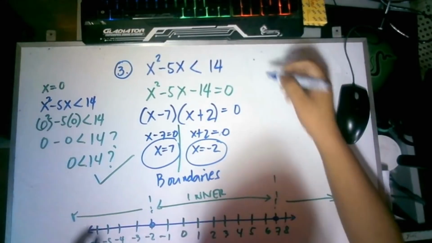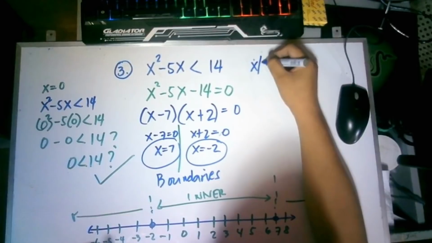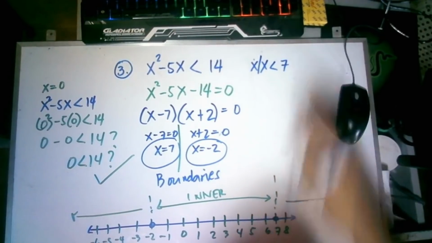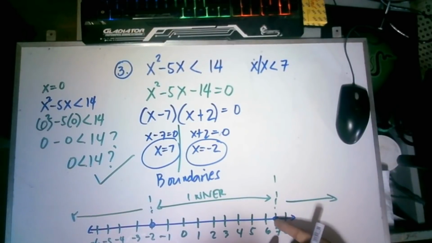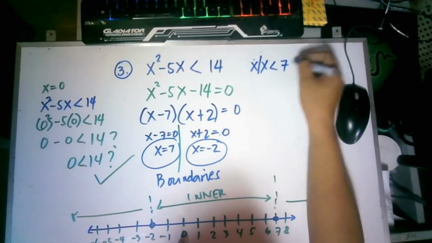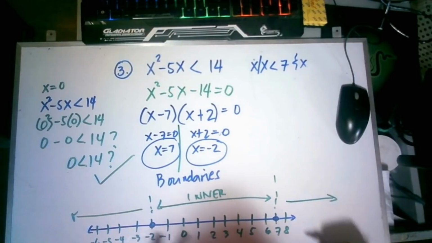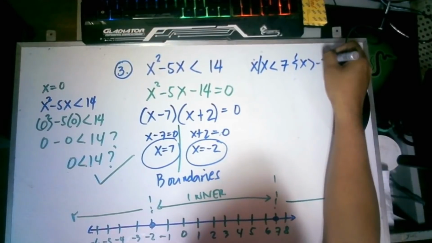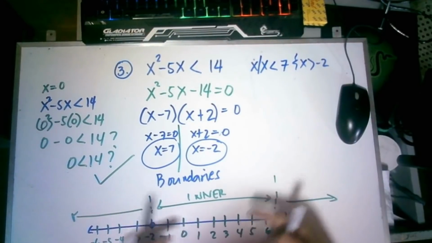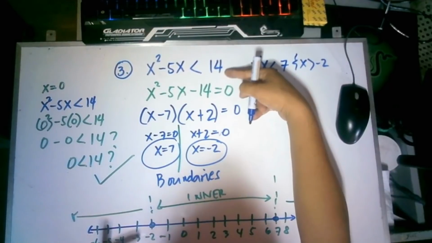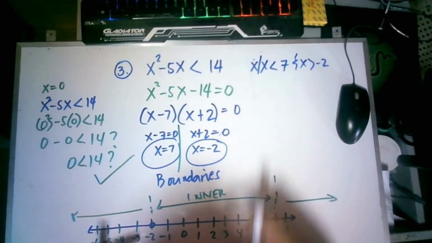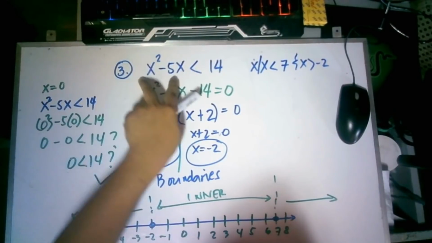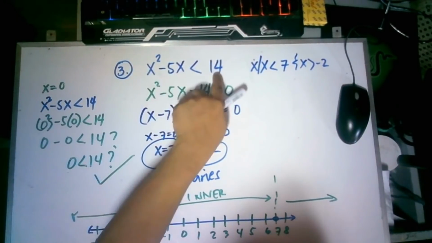So, ang solution set niya is x such that x less than 7 and x greater than negative 2, so sugat sila, are the values that will make this equation true. No? So, isa lang ka number mo kuhaon diha, automatically, this portion here is less than 14.